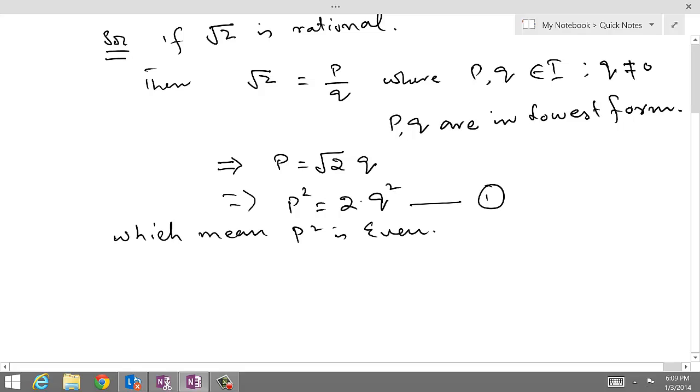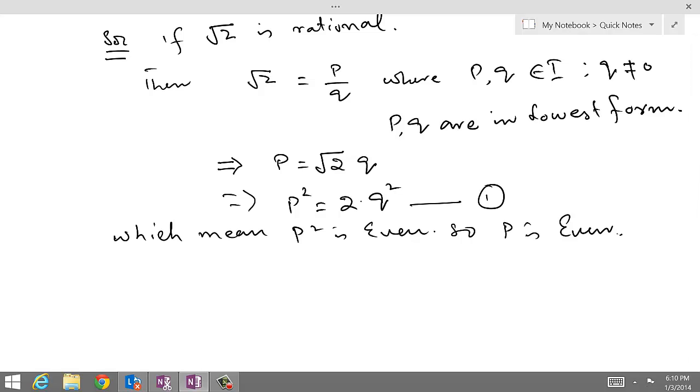Which means p square is even. And if p square is even, then p itself is even, because p square is a complete square, and an even complete square could only be so if p itself is even. For example, take a look at 16. 16 is a complete square and it's even. Its square root 4 is also even.